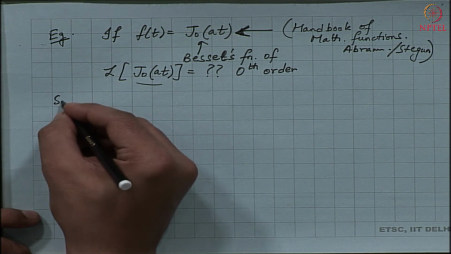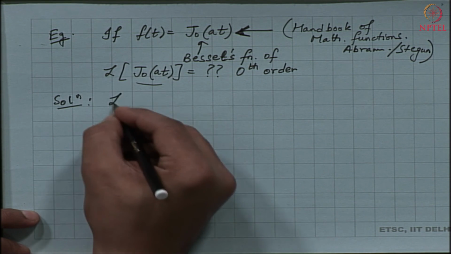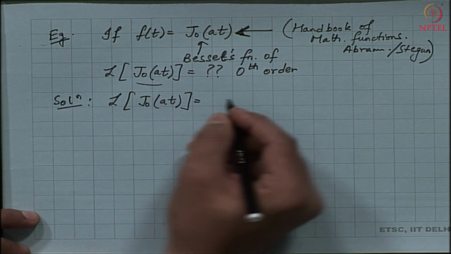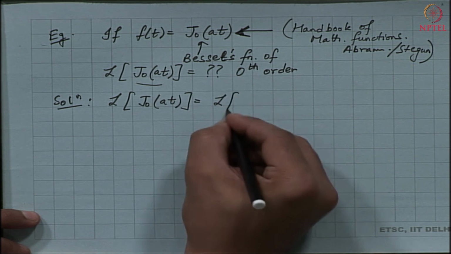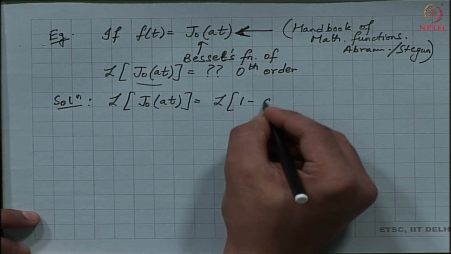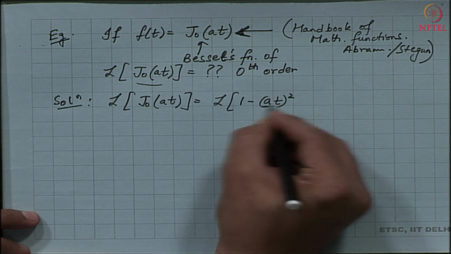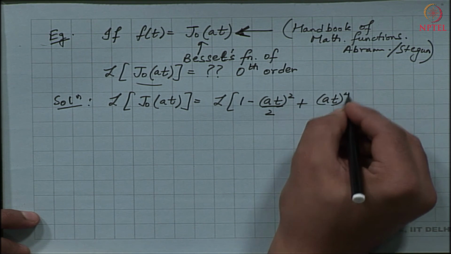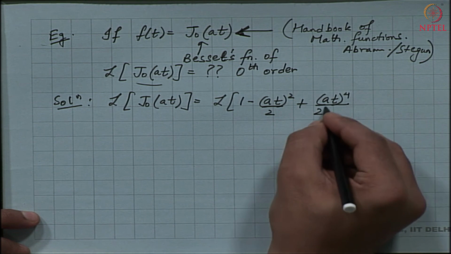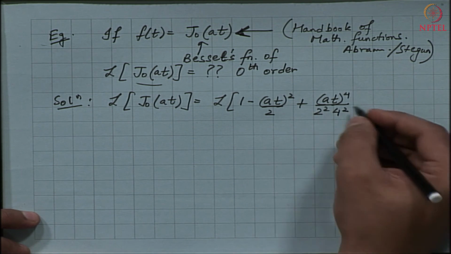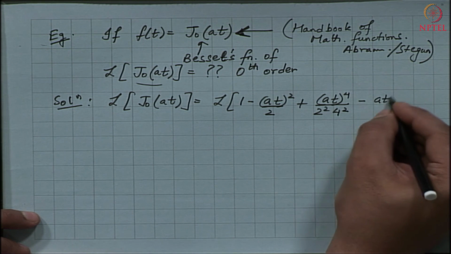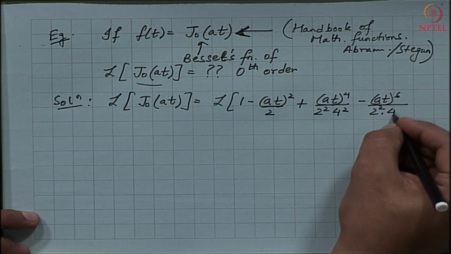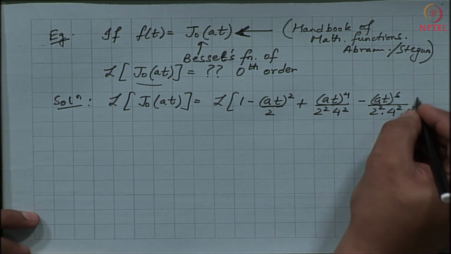So, to begin with, my Laplace transform of this Bessel's function is the following expression. This is the Laplace transform of 1 minus (a t) whole square by 2 square plus (a t) to the power 4 by 2 square 4 square minus (a t) to the power 6 by 2 square 4 square 6 square plus and so on.